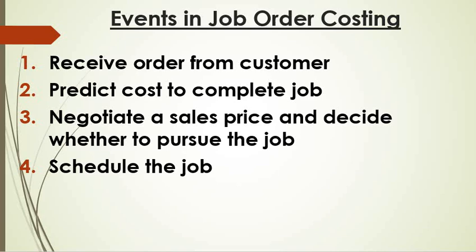So with your sales price, you've got to make sure that you're selling above what it's costing you to make the product. Otherwise, you don't want to go through with it, right? You're just wasting your time. And then lastly, you will schedule the job, and that's going to come in with job order costing, where you're going to keep track of all those costs for the particular job.